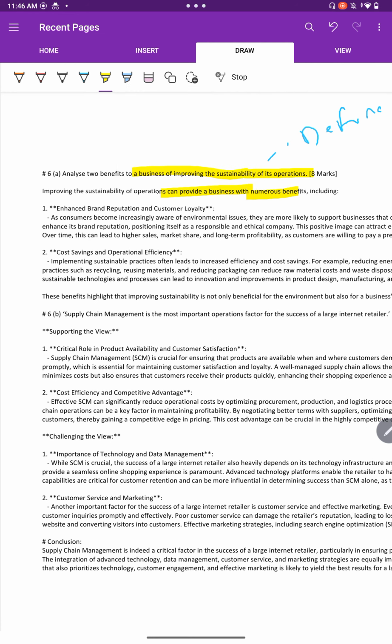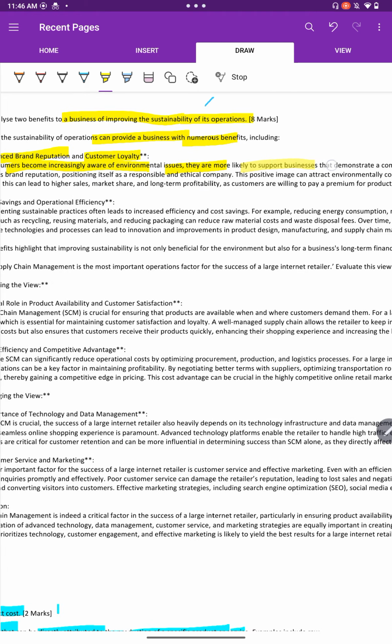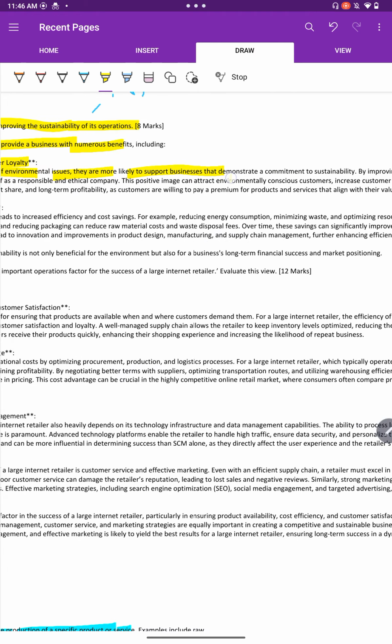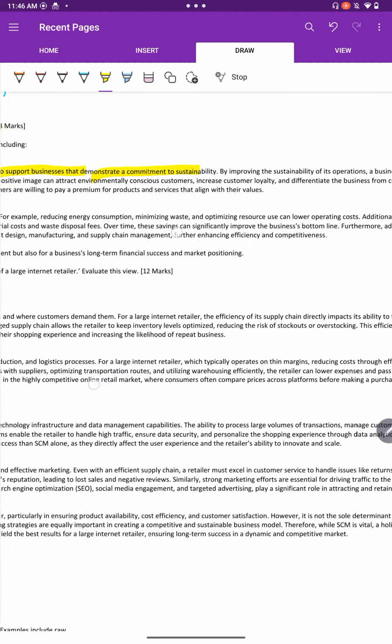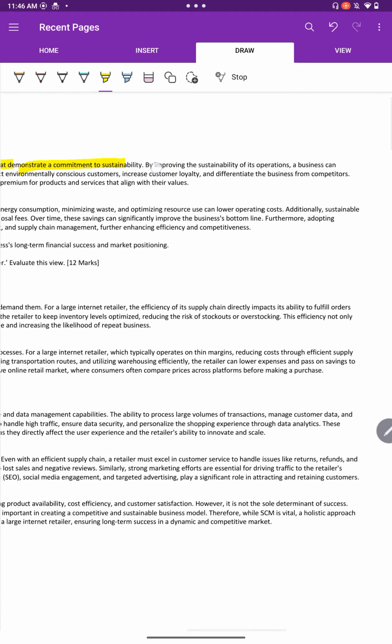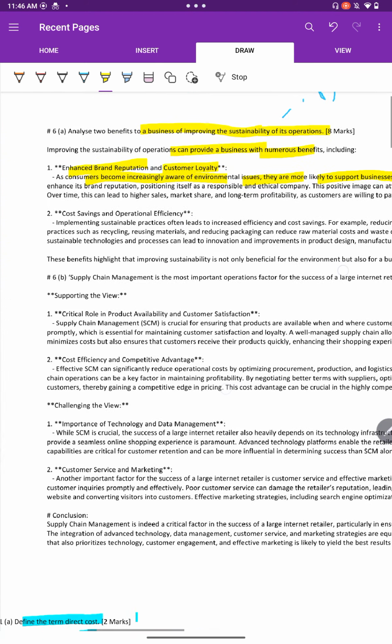Okay, so the first is enhanced brand reputation and customer loyalty. As consumers become increasingly aware of environmental issues, they are more likely to support businesses that demonstrate commitment to sustainability. By improving the sustainability of its operations, a business can enhance its brand reputation, positioning itself as a responsible and ethical company.